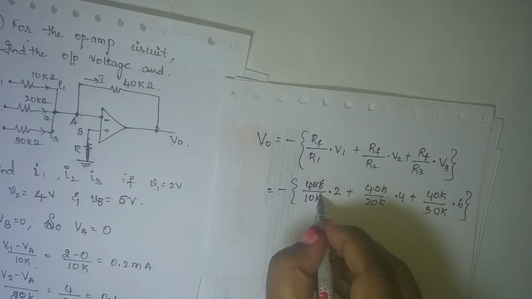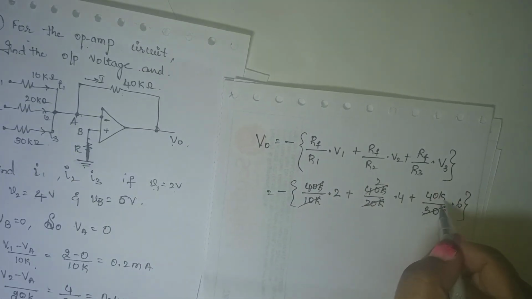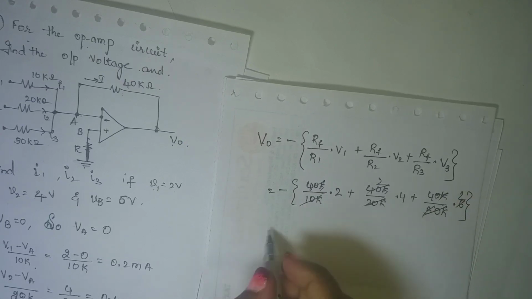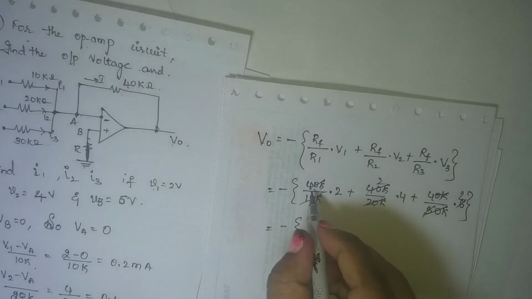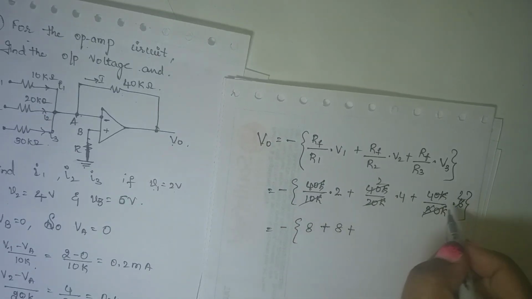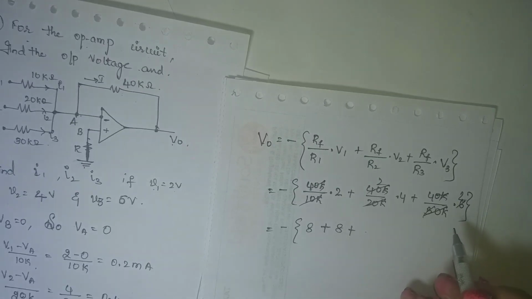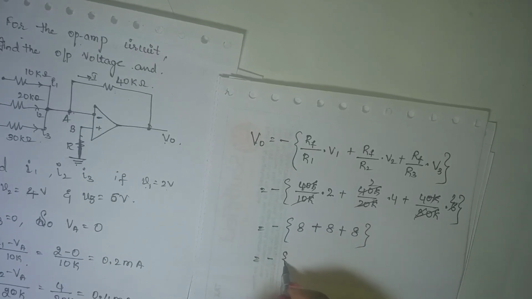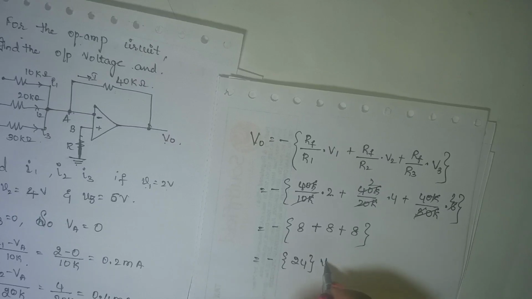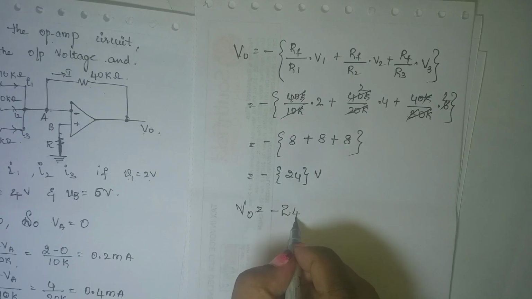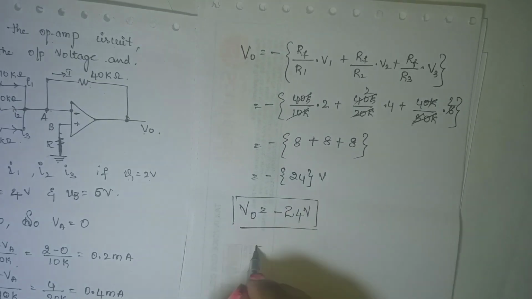It becomes minus of 4 2s are 8, plus 2 4s are 8, plus 4 2s are 8, so V0 is equal to minus 24 volts.